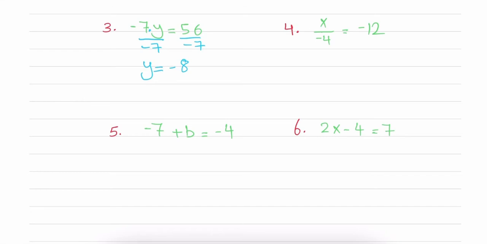X over negative 4 means x divided by negative 4. And as I said, we need to multiply both sides by negative 4. And as I said in the previous question, we can now ignore writing the multiplied by negative 4 on the left hand side, and we can just write negative 12 times negative 4, which means positive 48.